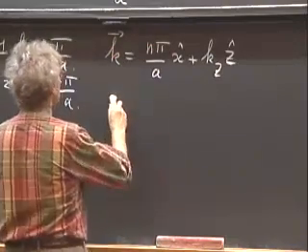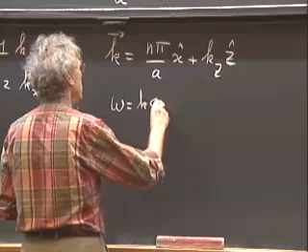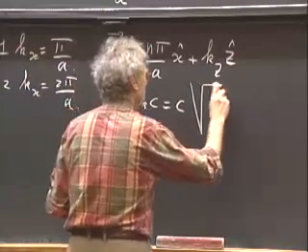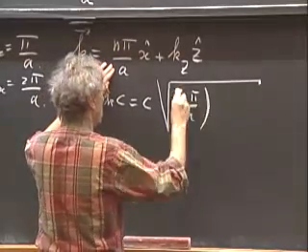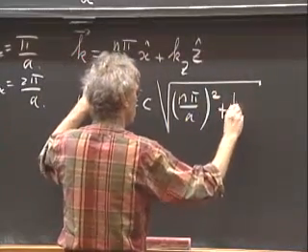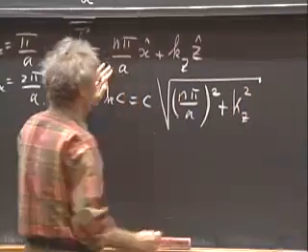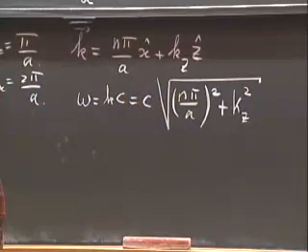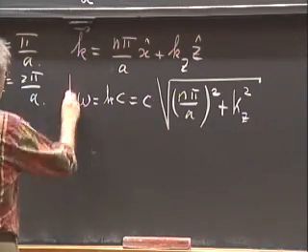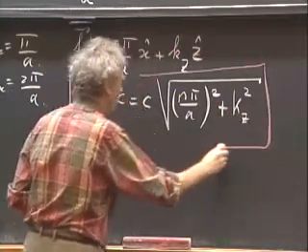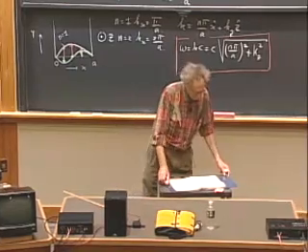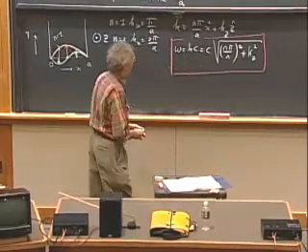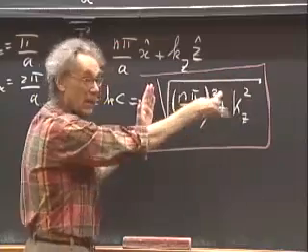And omega, which is kc, is therefore c times the square root of n pi over a squared plus kz squared. And this equation is one that I had on the blackboard earlier before we understood why it was that way, when I discussed with you dispersion. This is called the dispersion relation. This, by the way, under the square root is simply k.